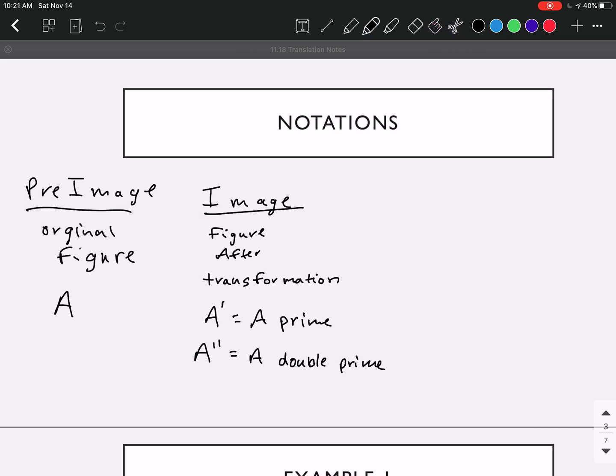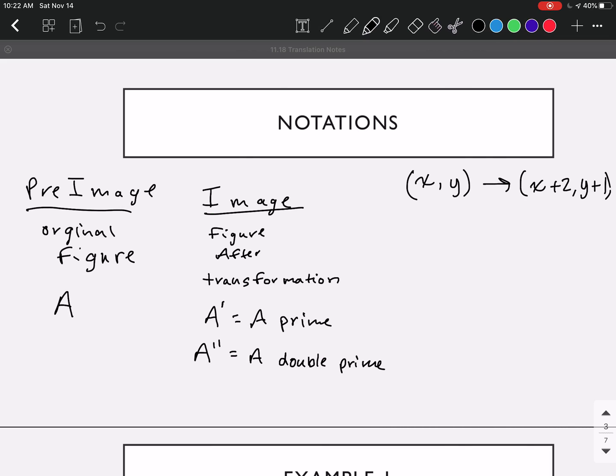So now continuing, we can see that there's a translation two different ways. One way is we can see it as (x, y) being the coordinate, and then it could give us (x + 2, y + 1).